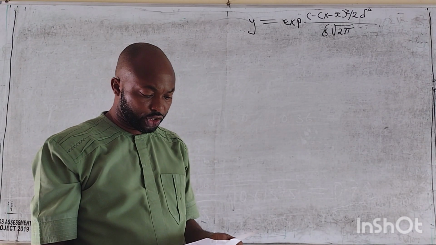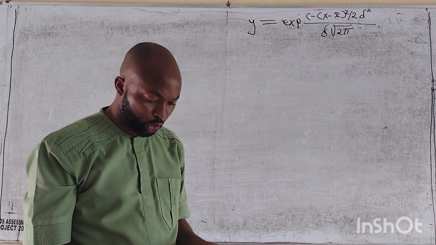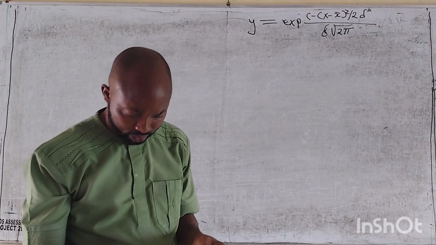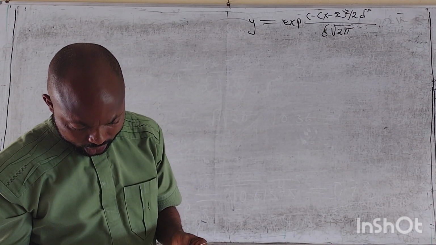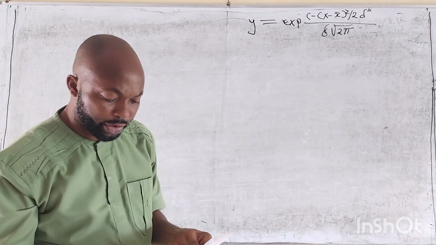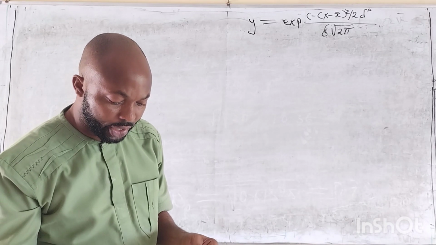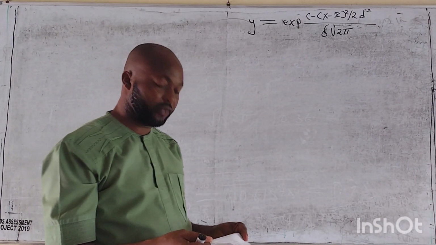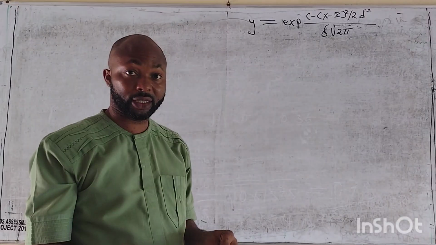It says plot the distribution curve for the following set of data. It's 29.7, 30, 28.5, and 29.9. Let's take the set of data, which is our x.